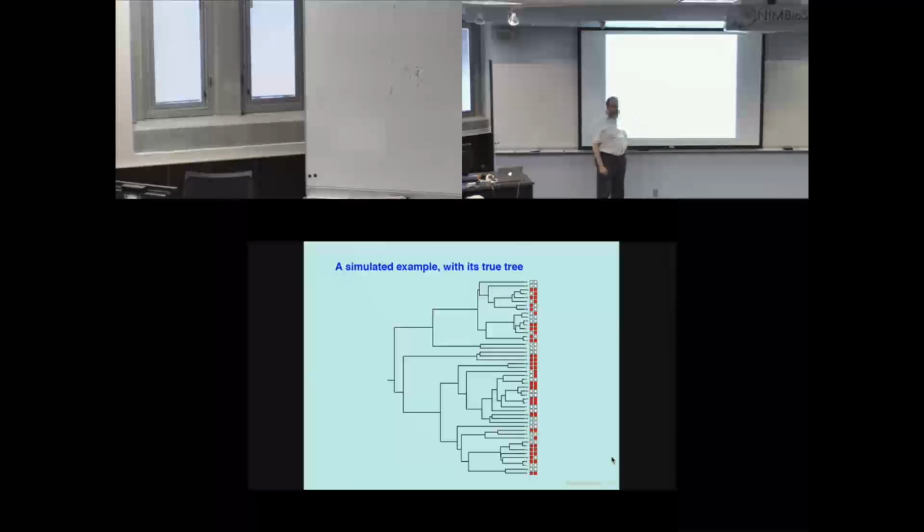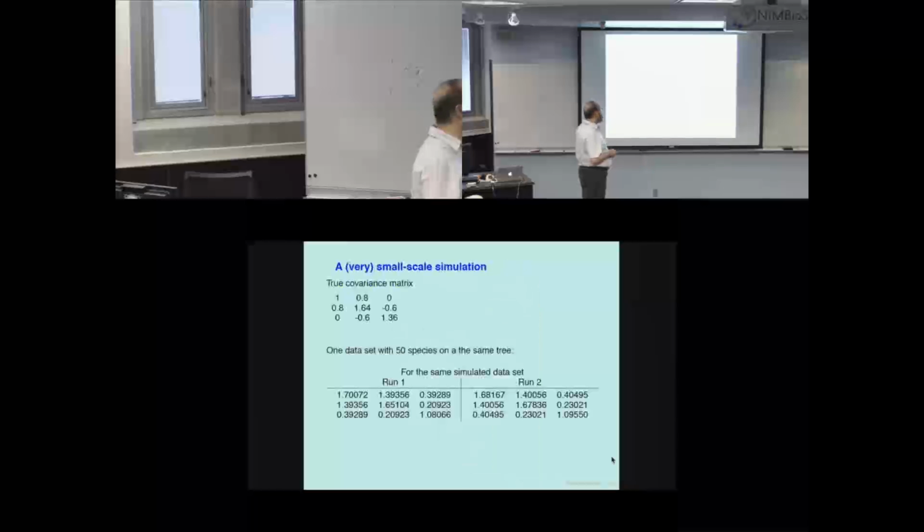But then each tip is a species which has these 3 traits, and for each run here, on the next slide, we get a single result. There's a result from one run.